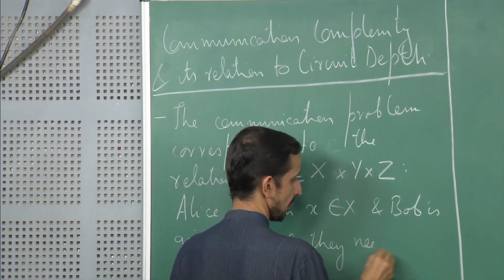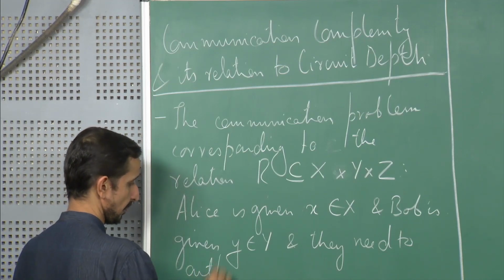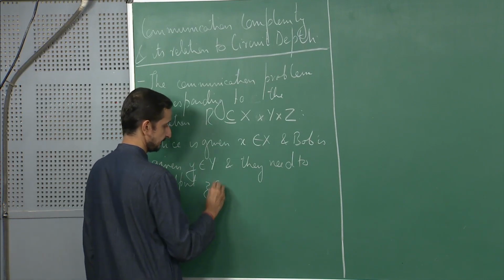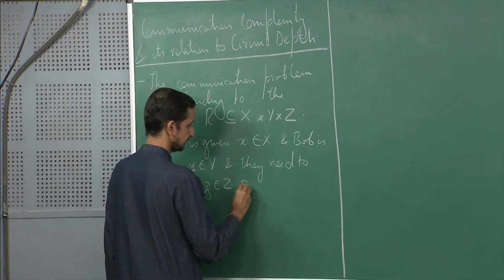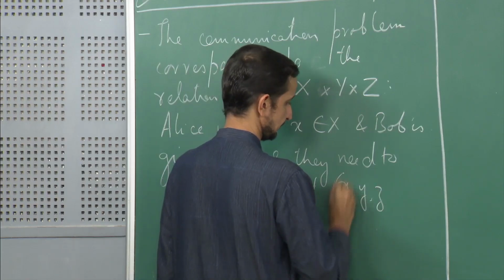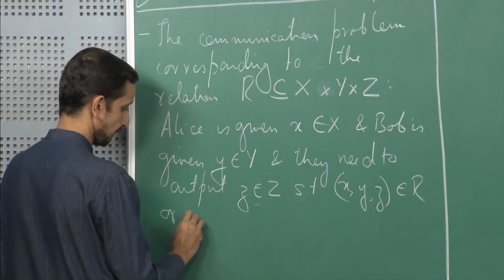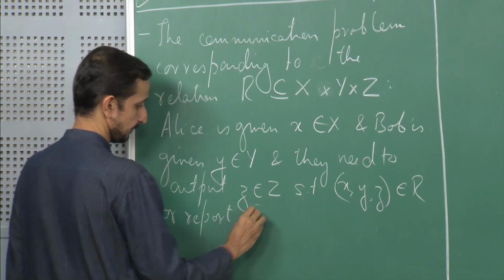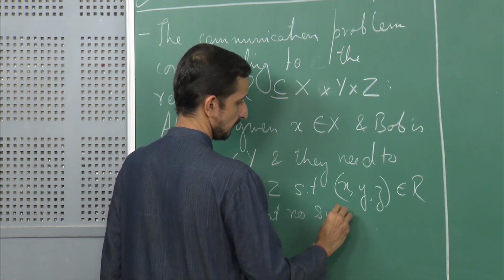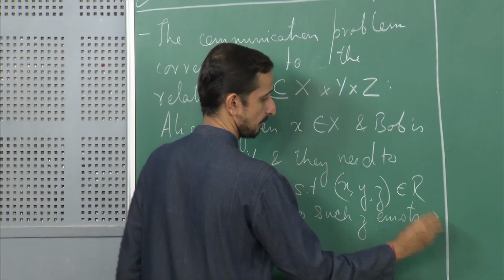They need to output z in capital Z such that (x, y, z) belongs to R, or report that no such z exists.